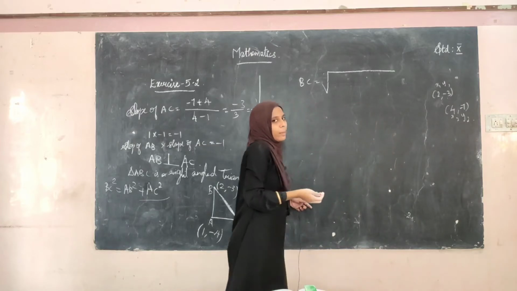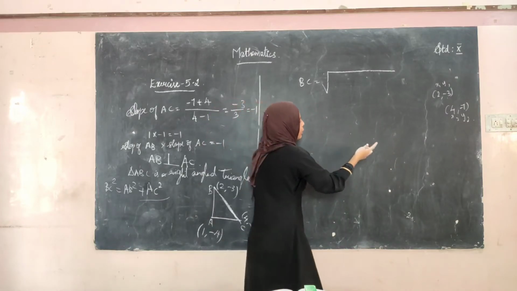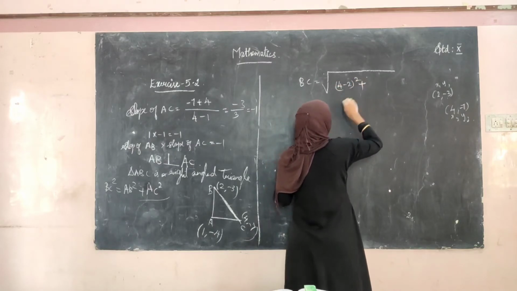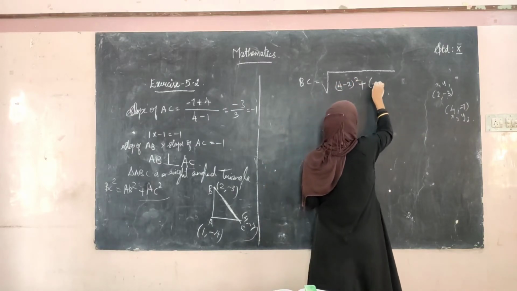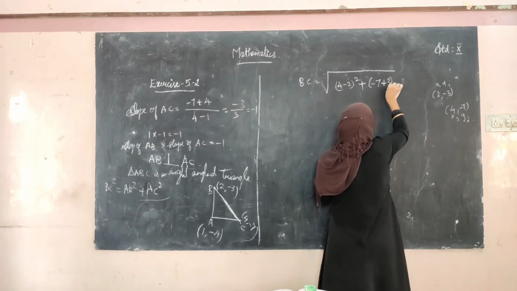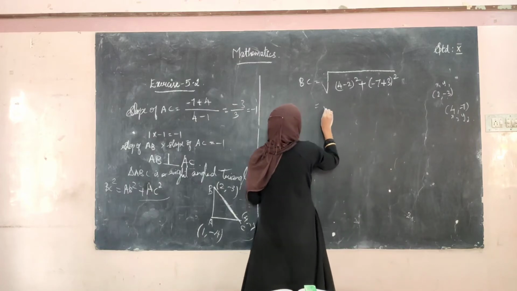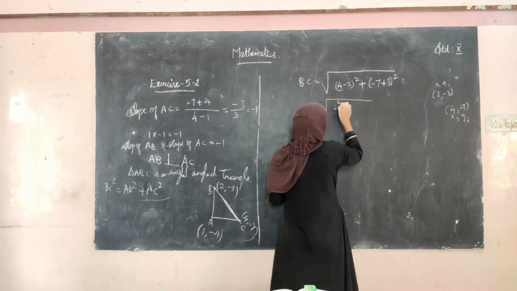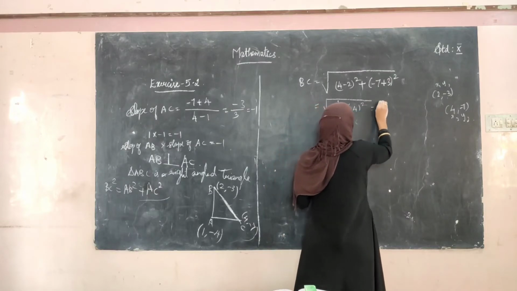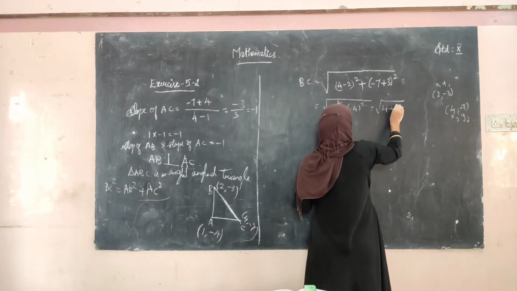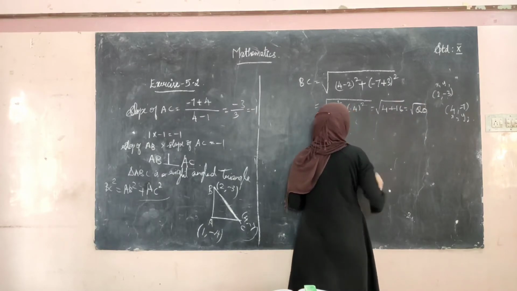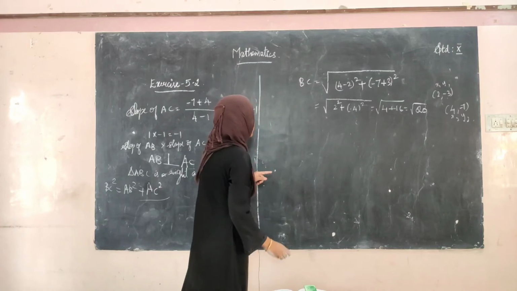Square root of x2 minus x1 the whole square plus y2 minus y1 the whole square. That is 4 minus 2 the whole square plus -7 minus -3 the whole square, which is equal to square root of 2 square plus -4 square, equal to square root of 4 plus 16, equal to root 20. BC is equal to root 20.